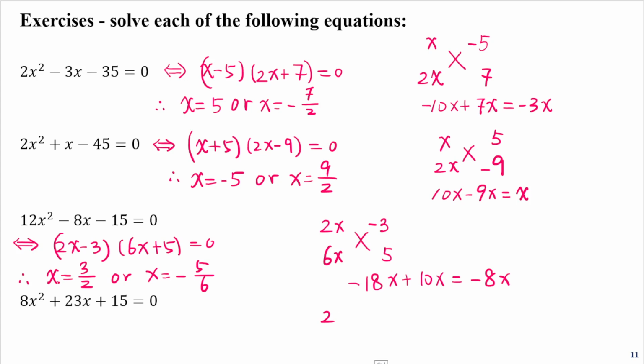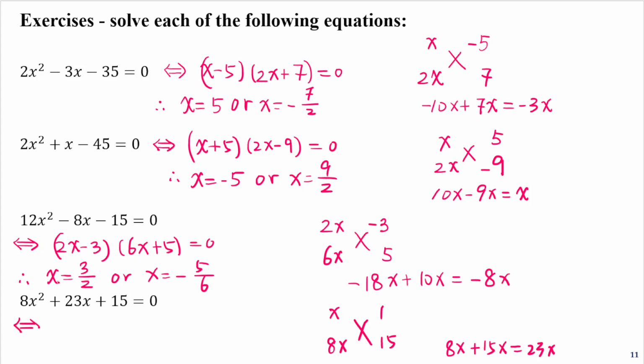So probably not a good idea to factorize the first one to 2 by 4. So how about x by 8x? And try to put a 15 here and 1 here. Then work done, right? So the cross product will give us 8x plus 15x, which is 23x, which is the term in the middle.